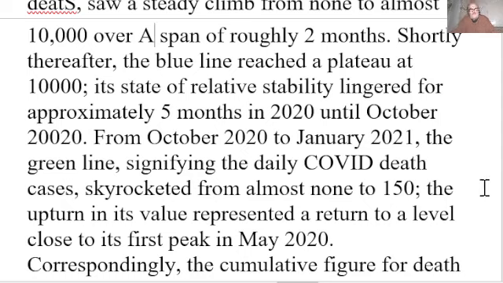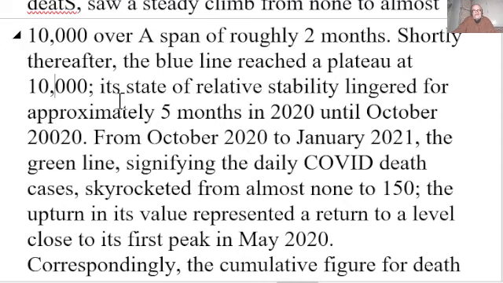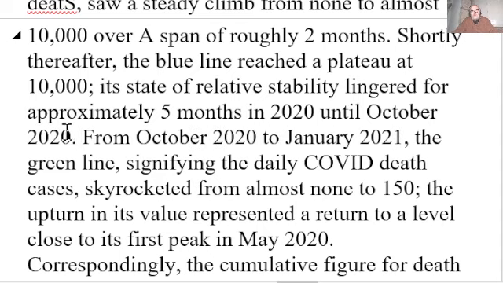Shortly thereafter, the blue line reached a plateau at 10,000. Oh, I like it, a semicolon. Its state of relative stability lingered for approximately 5 months in 2020 until October 2020.